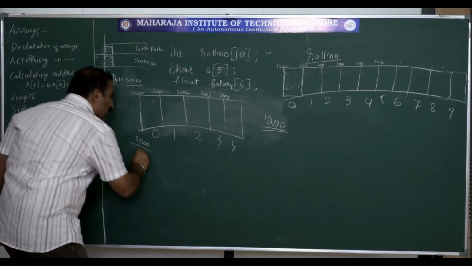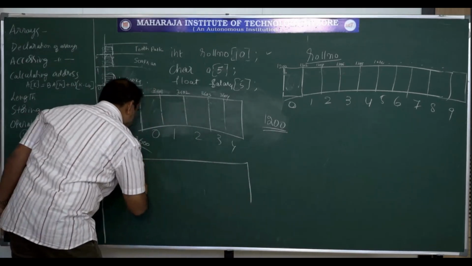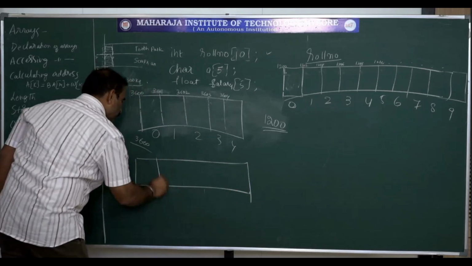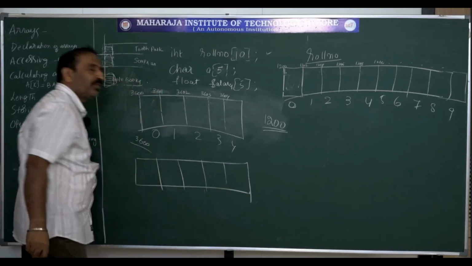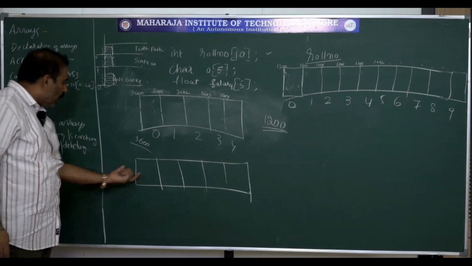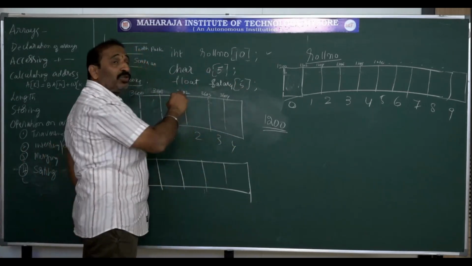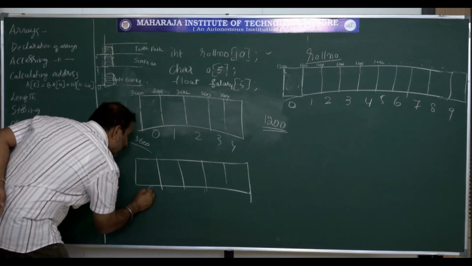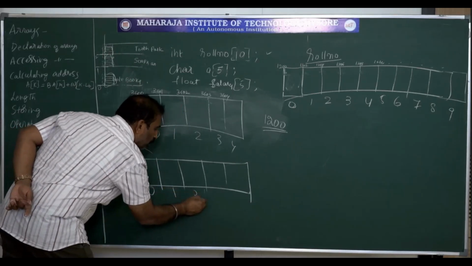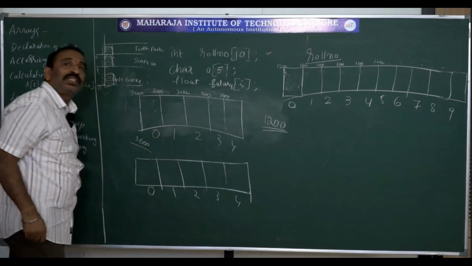When you declare the salary, one float number, second float number, third, fourth, 5 numbers can be stored, right? So therefore, what is the index value? The index is 0, 1, 2, 3, 4, like this.